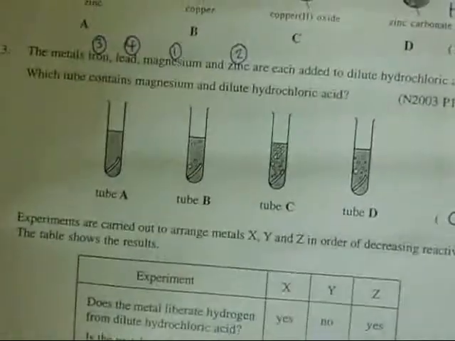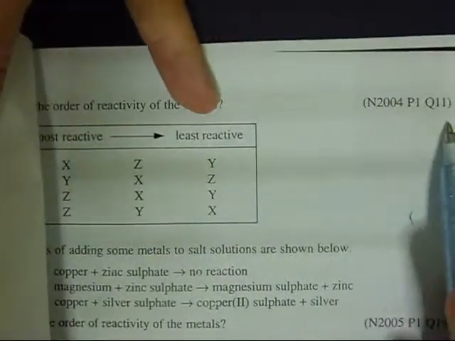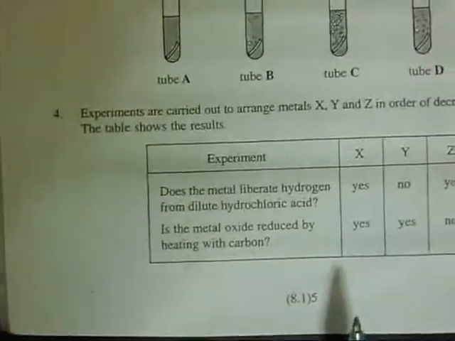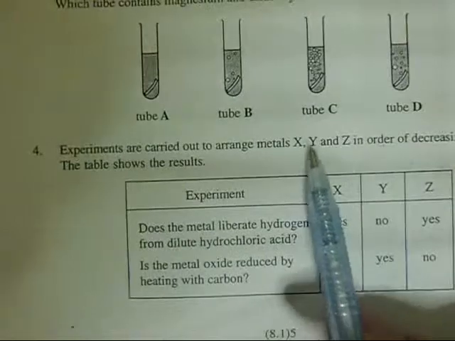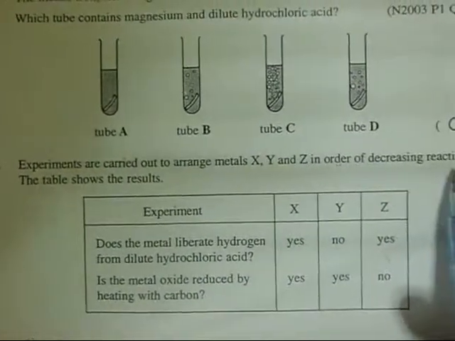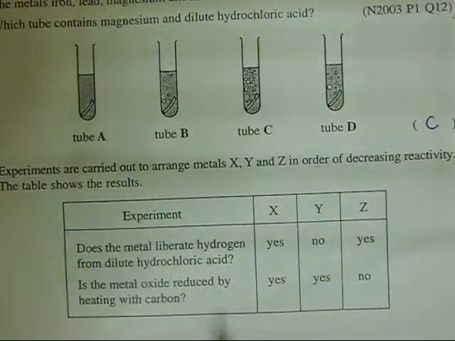Okay, the next question is from 2004, paper 1, question 11. Experiments are carried out to arrange metals X, Y, and Z in order of decreasing reactivity. The table shows the results.